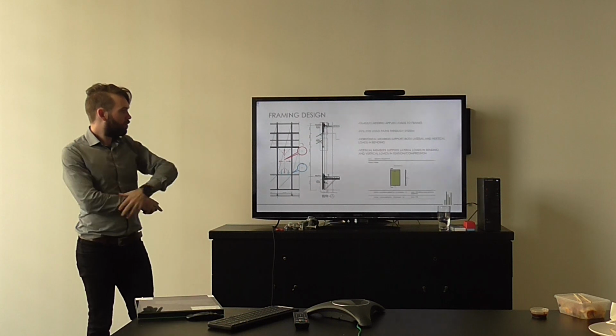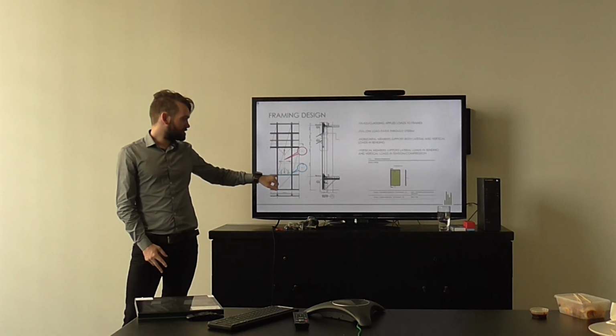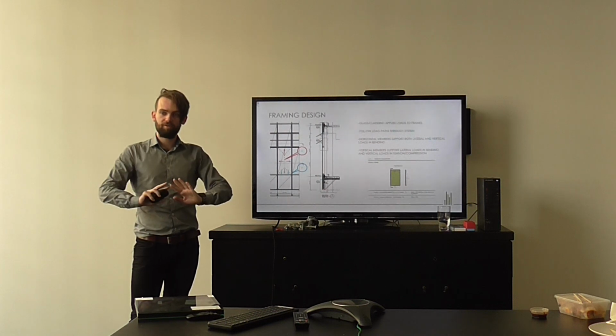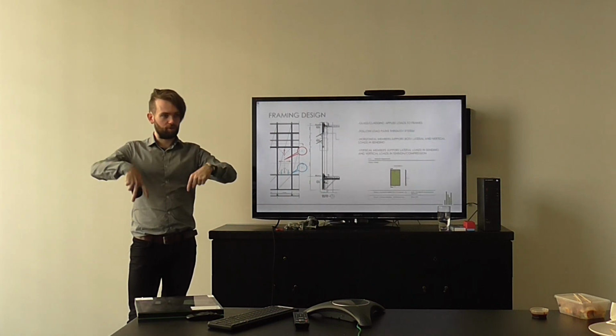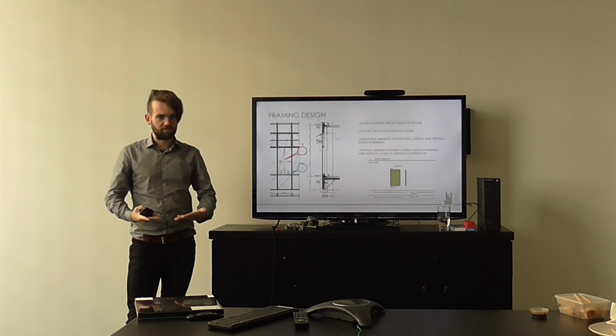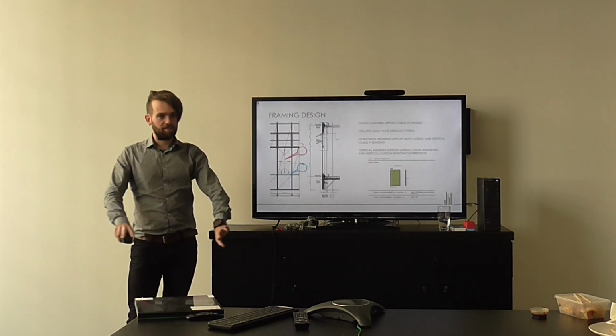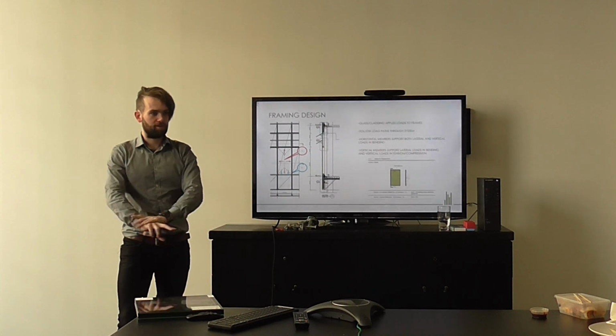So all we really want to emphasise here is that our lateral members typically take a portion of the lateral load from the wind, as well as a vertical load from the weight of the glass. Our vertical members take that in bending, both outwards and inwards, if you can imagine.